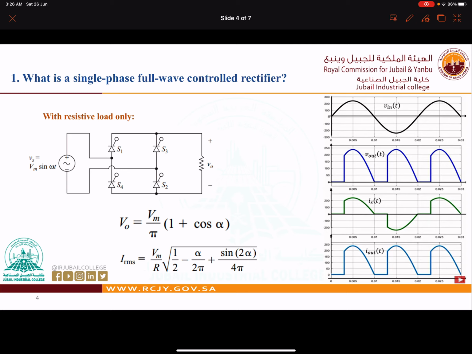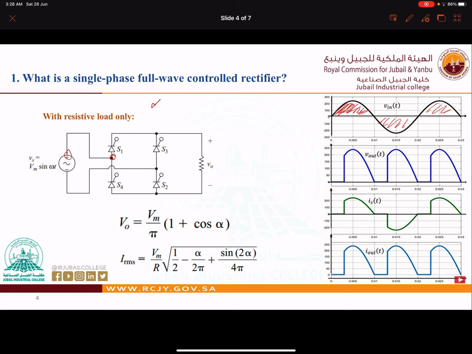Now this is our supply. As you can see here, we have a positive cycle, a negative cycle, and then a positive cycle, and so on. In the positive cycle we are applying voltage to S1. Let me emphasize something very important.